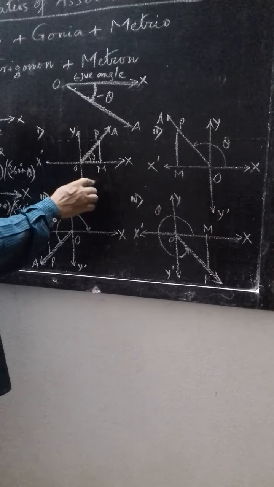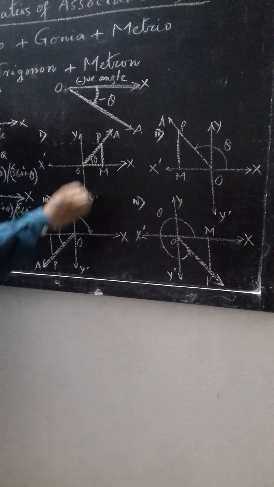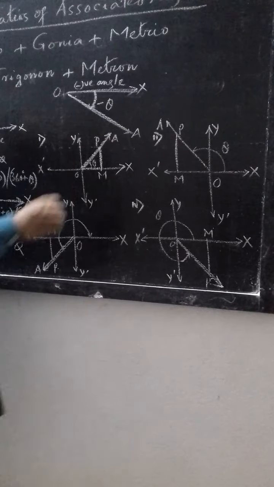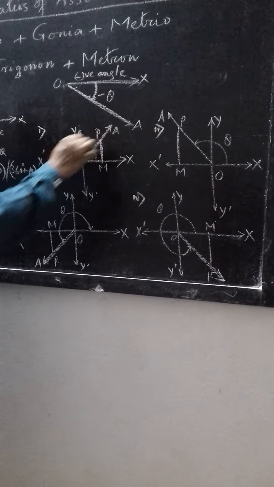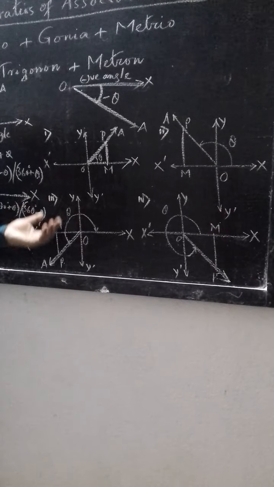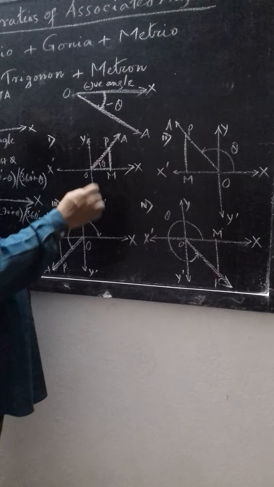Now from the first figure, here MP and OP are positive. Any rotating line is always positive. So MP by OP or OP by MP, that is sin theta and cosec theta.